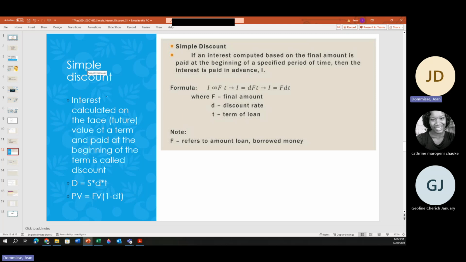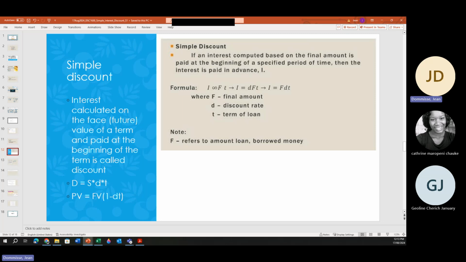But let's look at how it is used, how it is calculated, so that if it is in an assignment or if it is in the paper at the end of the year, you will know how to work it out.